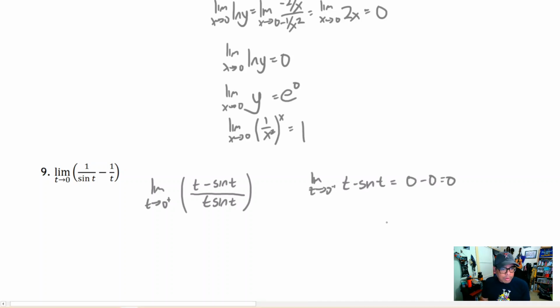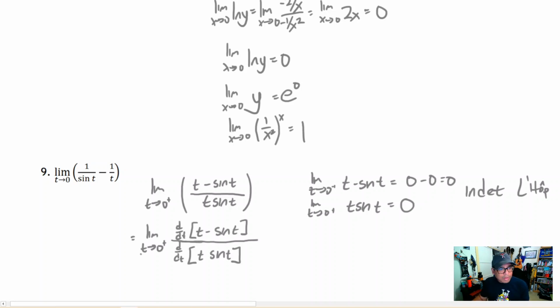For the numerator, the limit as t approaches 0 of t minus sine t, that's 0 minus 0, or 1. Did I say 1? I meant 0. And then the limit as t approaches 0 from the right of the denominator, t sine t, that's also equal to 0. So since the limits of the numerator and the denominator are equal to 0, this is an indeterminate form, and we can use L'Hopital's rule.